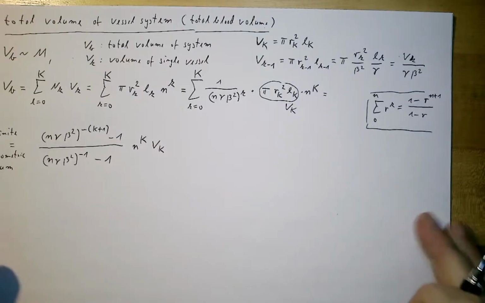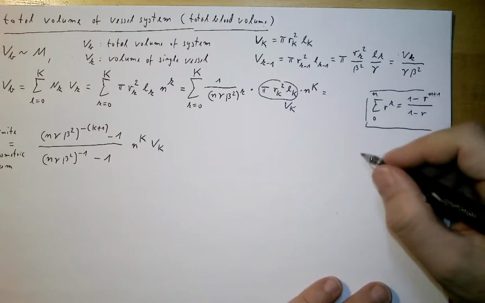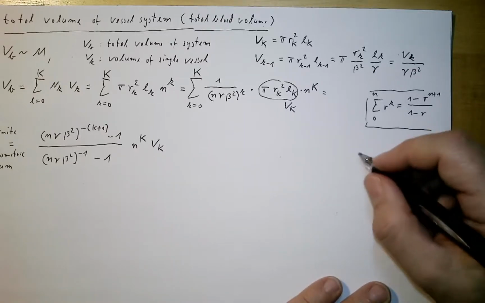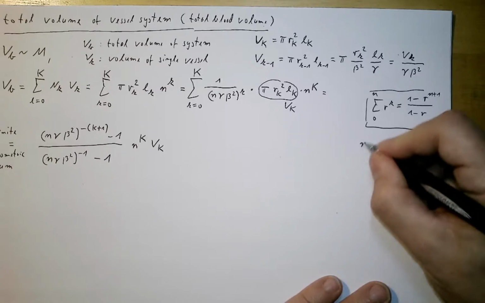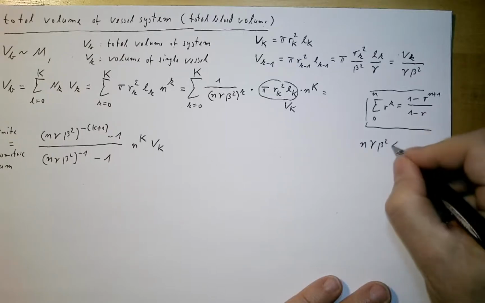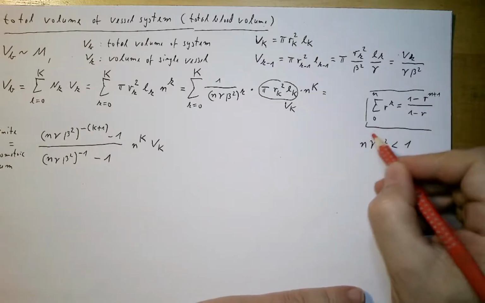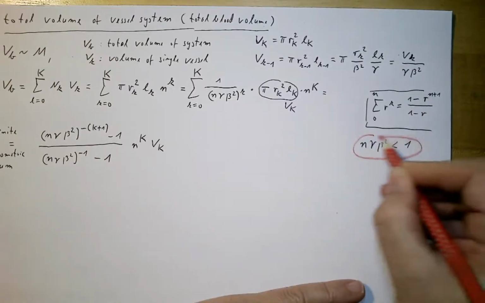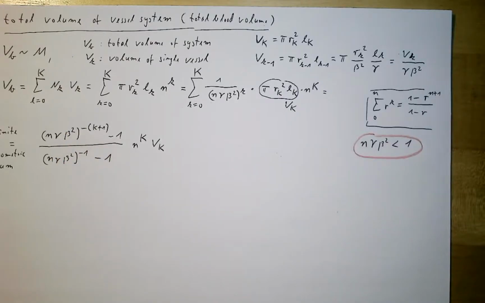And now we want to reduce this, and we make use of the fact that n gamma beta squared is smaller than 1. So this combination, the scaling factor we have here, is smaller than 1.